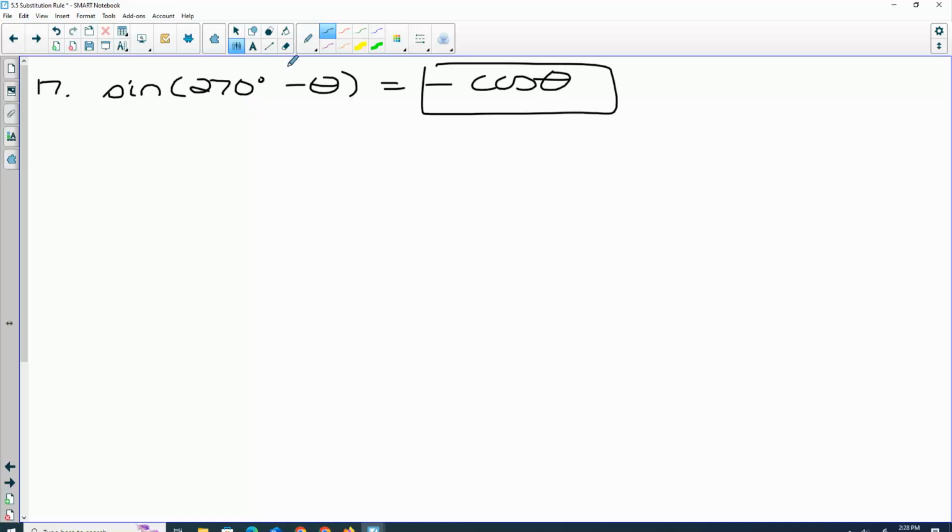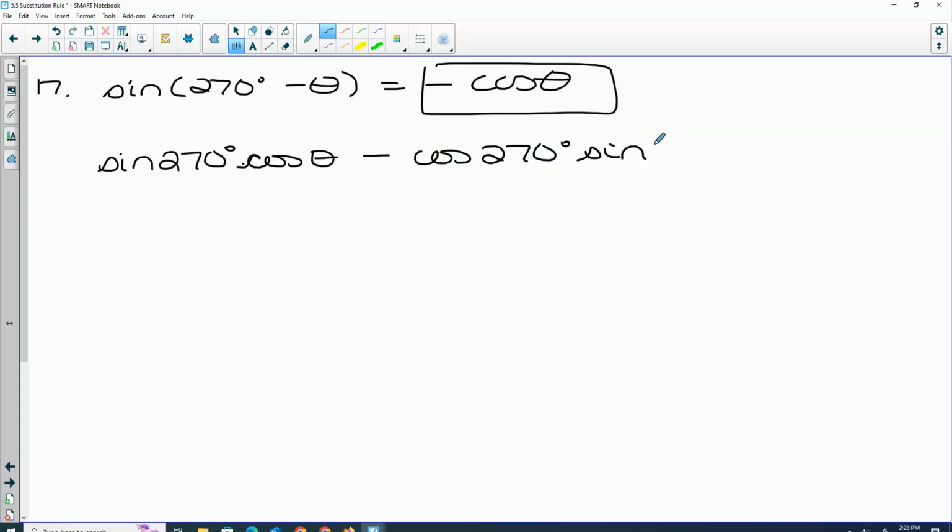There's a nice little section for the different ones. So that's sine of the first, cosine of the second, and remember it's not a negative theta. The negative just tells me we are using the sine difference formula. Minus cosine of the first, sine of the second.